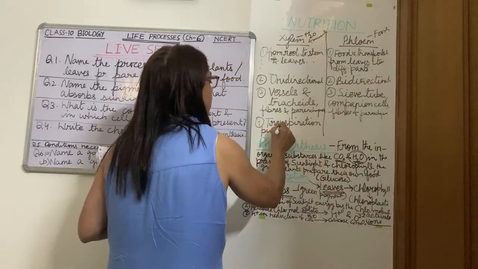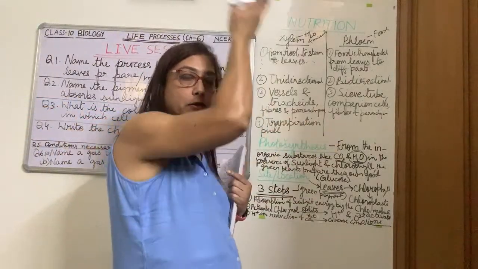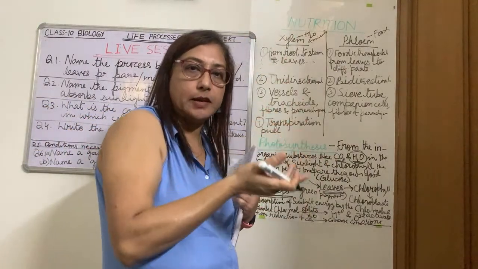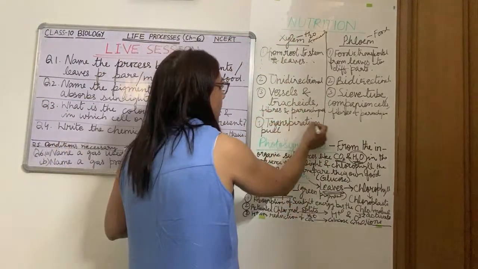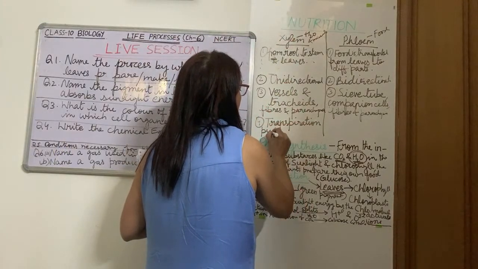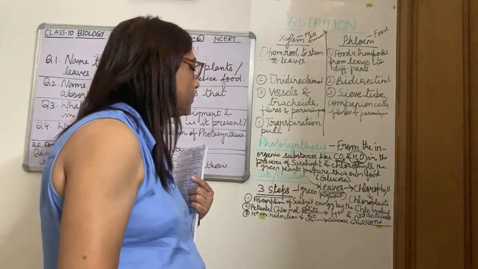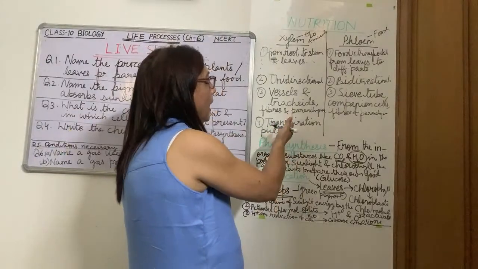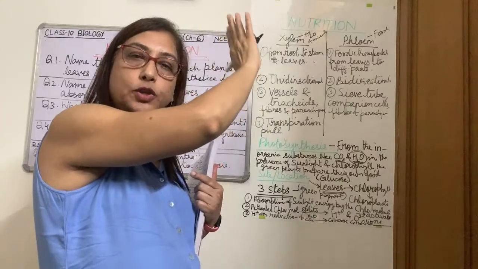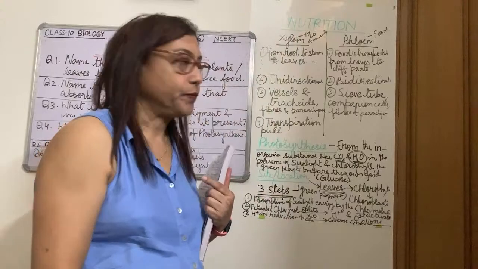Something has to be there which should pull the water upwards. The water is going from roots to top, so it should be pulled against gravity. So it is pulled by the transpiration process. Transpiration, you understand, is the loss of water from the leaves. You will learn later. So the transpiration pull helps in the transport of water from root to the aerial parts in the xylem tissue.